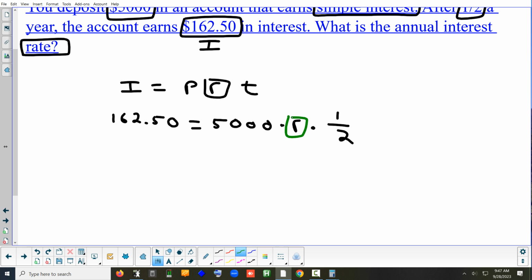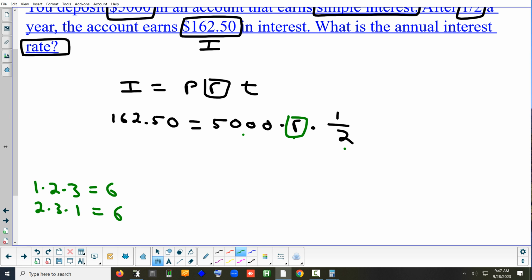Now, on the right-hand side, we're multiplying something times something times something. Think about this. What's 1 times 2 times 3? 6. What's 2 times 3 times 1? 6. So when I multiply 3 things together, does it matter what order I do them in?